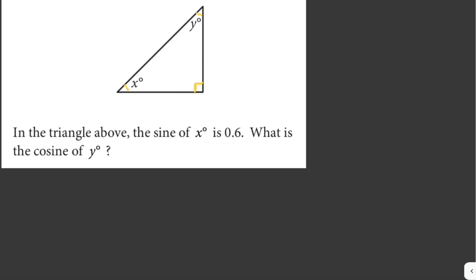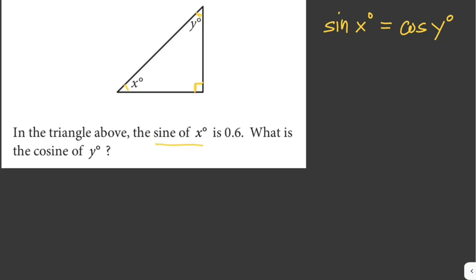Therefore, x degrees and y degrees are complementary angles, and it follows that the sine of an angle is just equal to the cosine of its complementary. So it would be sine of x degrees is just equal to the cosine of its complementary angle, which is y degrees.